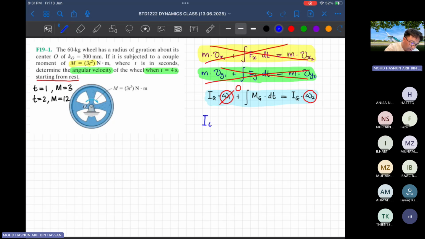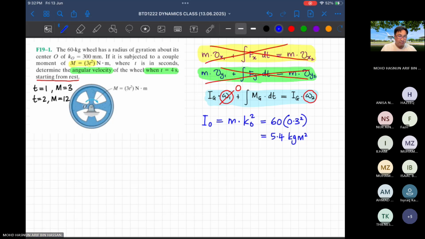IO is equal to the mass times KO squared. The mass is 60. KO is 300 millimeter; you convert it to meter by dividing by 1000, so you get 0.3 meter, and put square there. So you get the value of IO equal to 5.4 kilogram meter squared. That is IO.